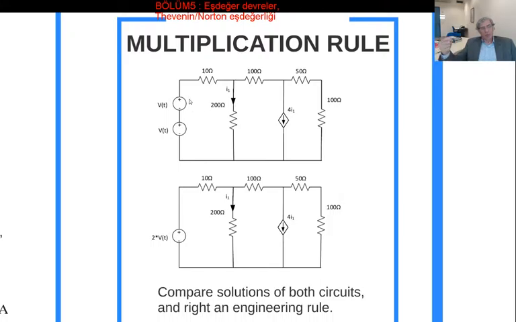According to the superposition theorem, assume that these two independent voltage sources are identical to each other and connected in serial. You remove one of them, that means short circuit this, find the currents and voltages, and then keep this one in and short circuit this one, find the same currents and voltages.